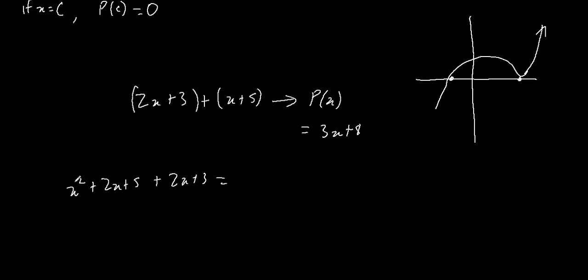So we get x squared plus 4x plus 8. If I'm going to make a generalization, p of x plus q of x: the degree, which is the highest power, is the maximum of either p or q.